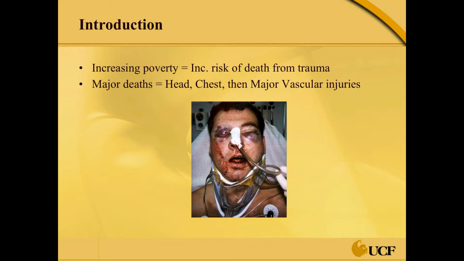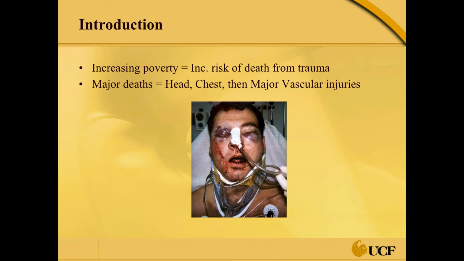Second is the chest, which obviously is our major pumping area. If we get a major injury that tears the aorta, dissects the aorta, or punctures the heart, that is going to put us into immediate cardiogenic shock. Third are major vascular injuries that cause us to bleed out.